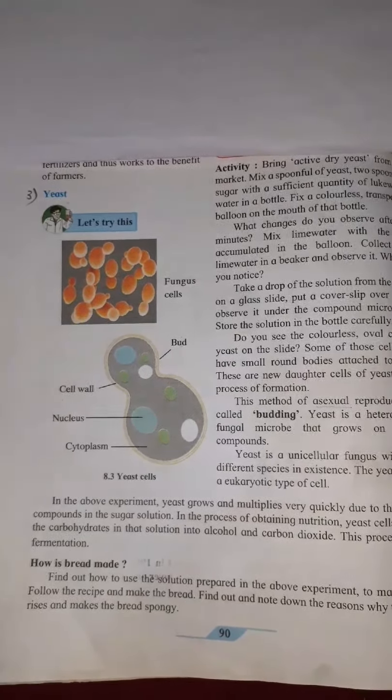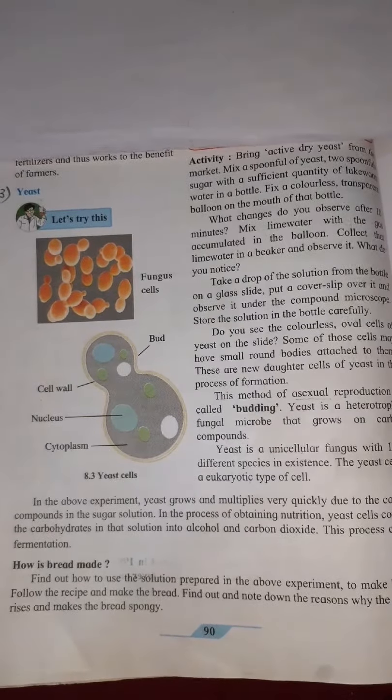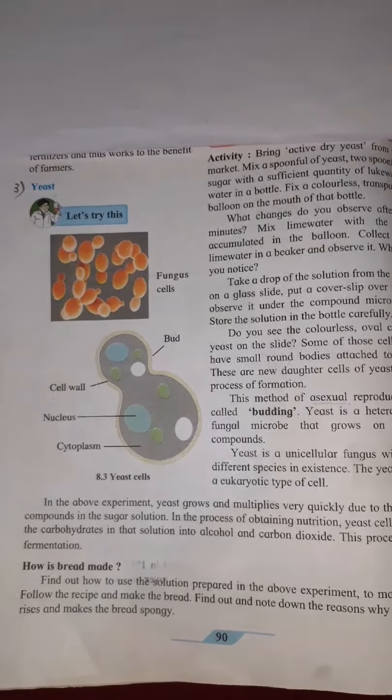So for example, consider making of bread. When bread is made, yeast is added to the base flour, the wheat flour which is used for making bread. When yeast is added to it, that flour contains lots of carbohydrate.